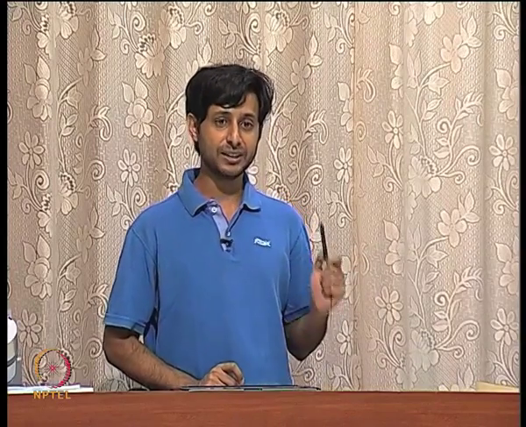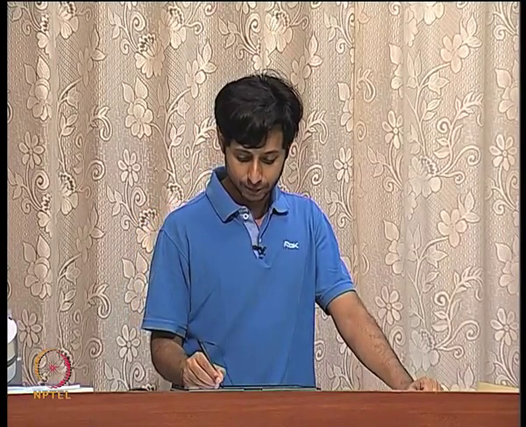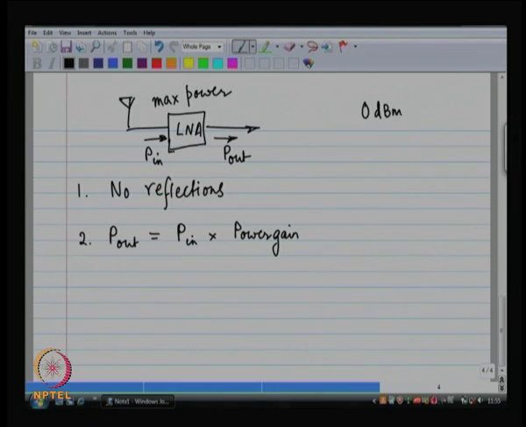Why is this important? Because to start with, the input power is very small, the power received on the antenna is very small. We are talking about nanowatts of power. Okay. So, 0 dBm is 1 milliwatt of power.